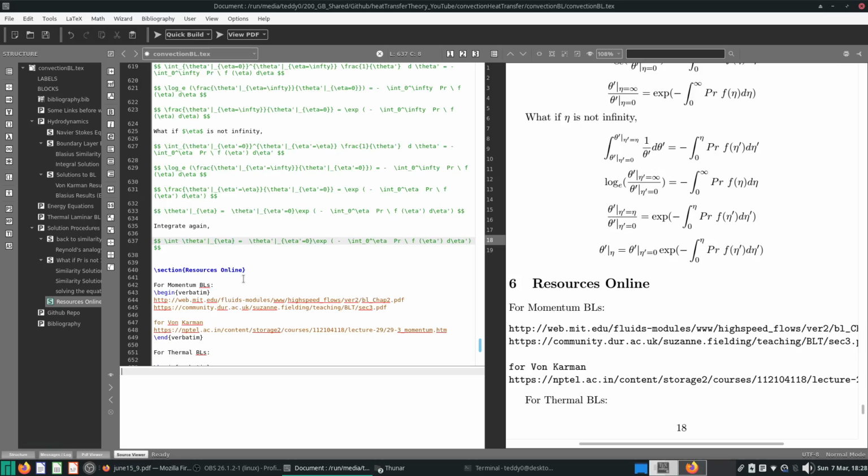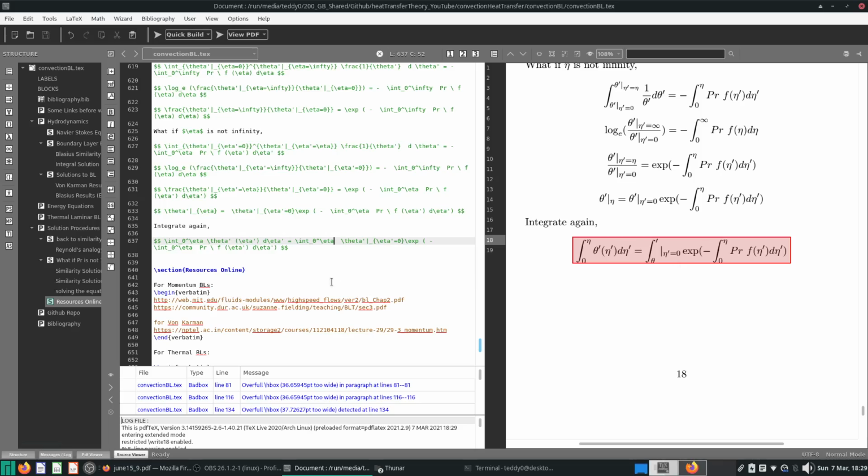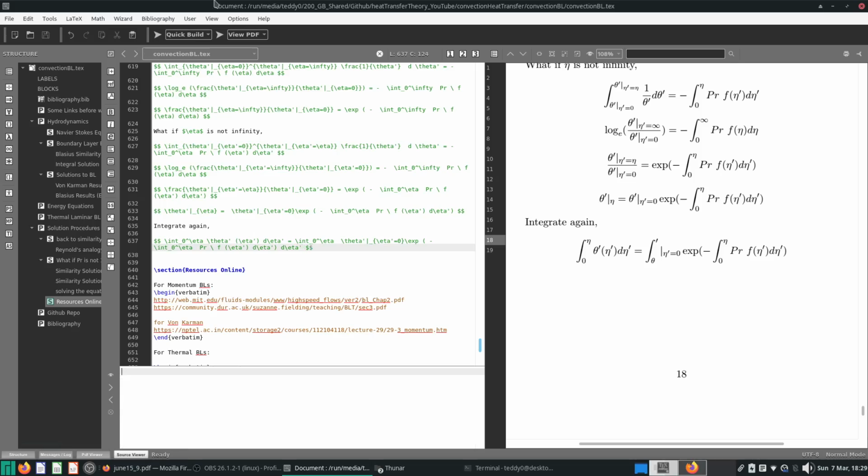Integrate from 0 to eta theta prime, the eta prime, same idea. Then the right hand side we are also integrating again. Integrate from 0 to eta, the eta prime.